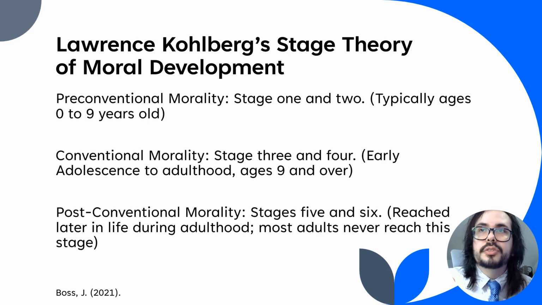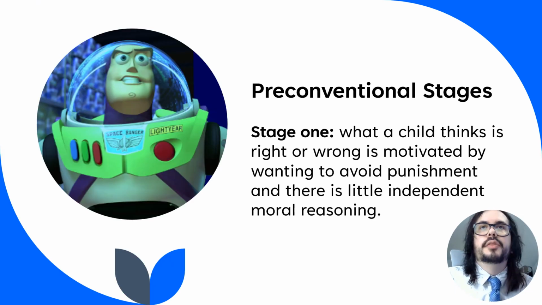What are these stages? Well, stage 1 is a kid's sense of morality, and what drives them to make decisions about what's right and wrong is basically fueled by whether they're going to get punished or not, right?